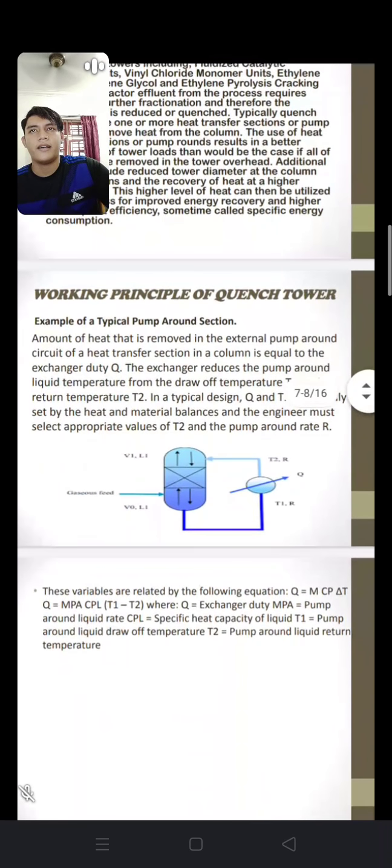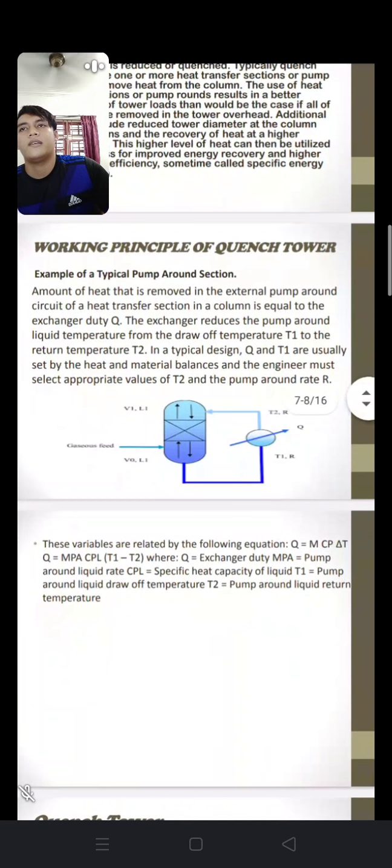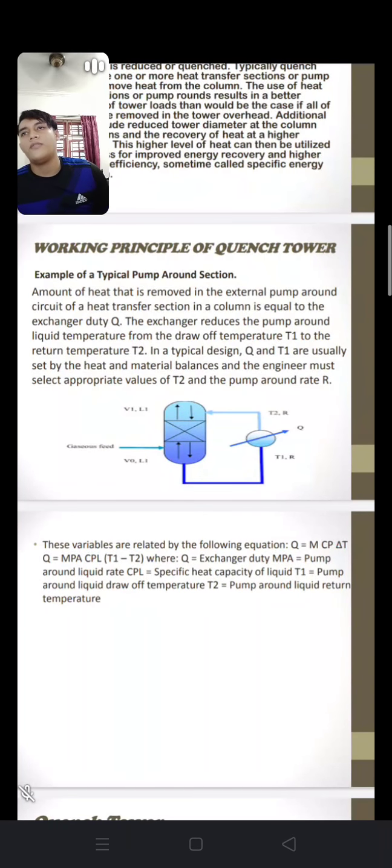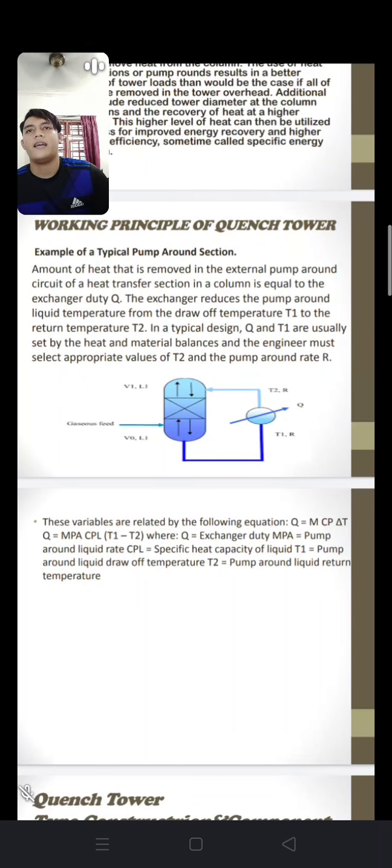Seterusnya, saya akan menceritakan tentang working principle of quench tower. Amount of heat that is removed in the external pump around circuit of a heat transfer section in a column is equal to the exchanger duty Q. The exchanger reduces the pump around liquid temperature from the draw off temperature T1 to the return temperature T2 in a typical design.